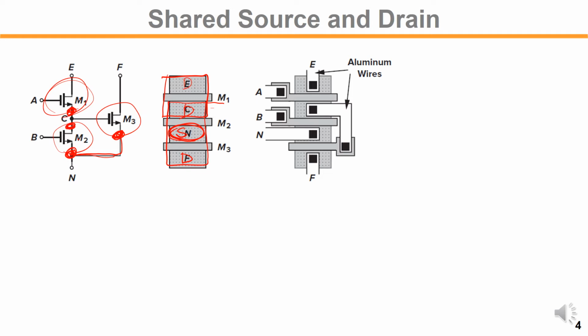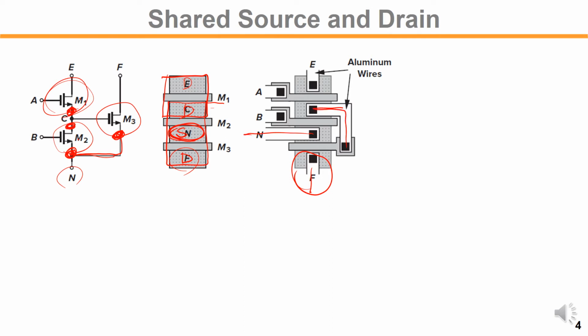So by having this, we can simplify the wiring and also the diffusion area so that we can finally reduce the parasitic capacitance. So here, F is on the bottom, and node N is in the middle here.